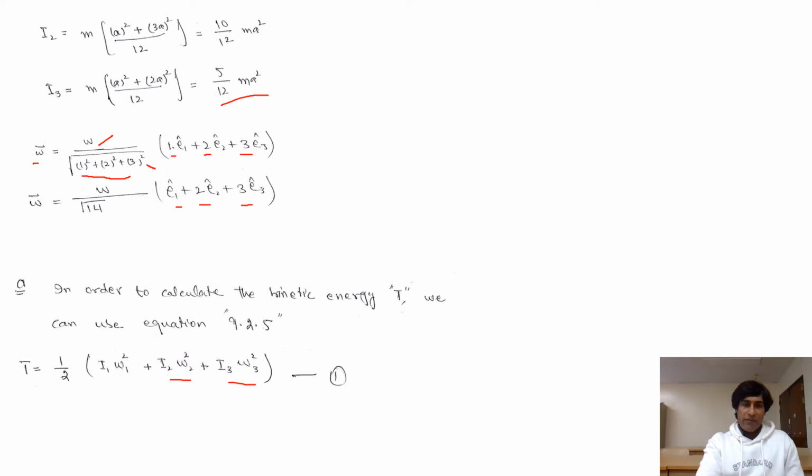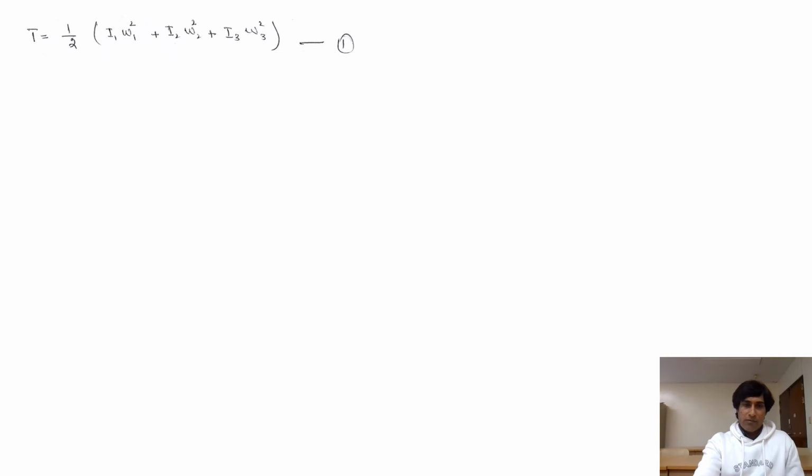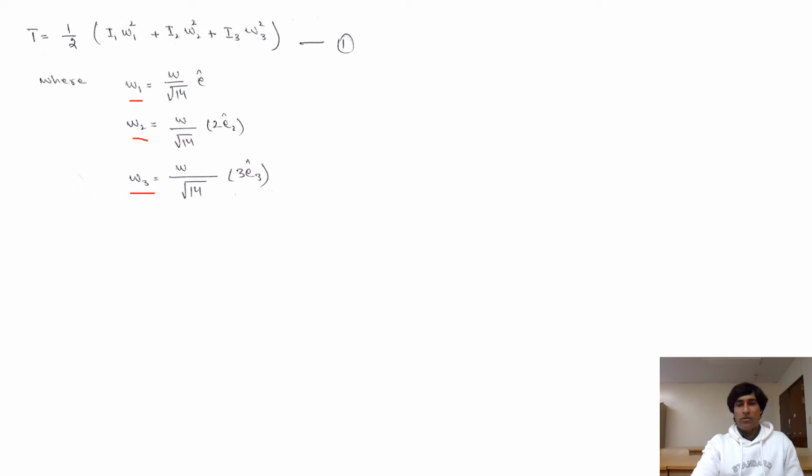We already have the values for I1, I2 and I3, and we also have the values for omega 1, omega 2 and omega 3: omega 1 is omega divided by square root of 14 e1 unit vector, omega 2 is omega divided by square root of 14 into 2e2 unit vector, and omega 3 is omega divided by square root of 14 3e3 unit vector.